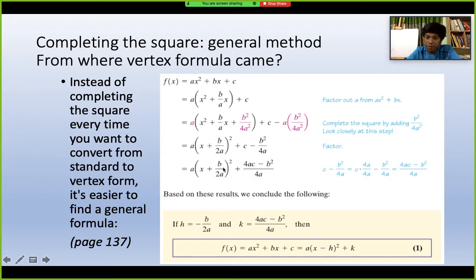Basically, b divided by twice a comes here, and in our formula there is a minus: a into x minus h. So this h will be minus b by twice a, because it is plus here but there is a minus in the formula. So our vertex x value, which is h, becomes minus b by twice a.